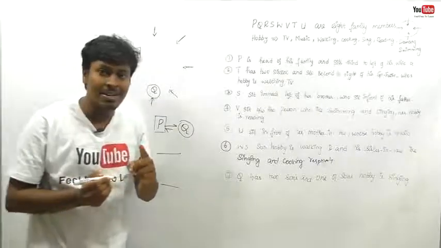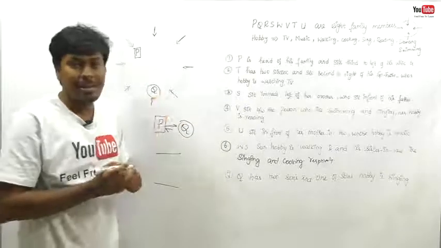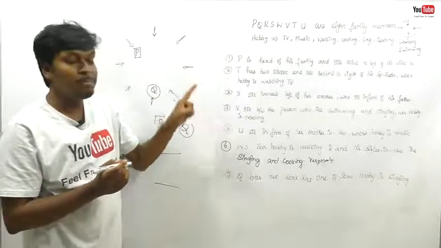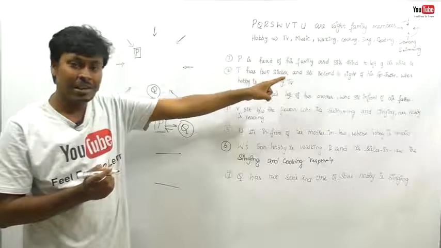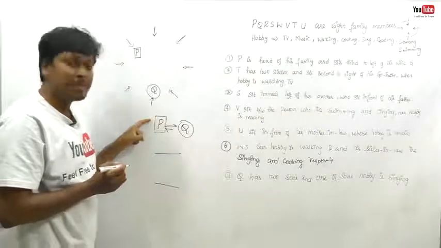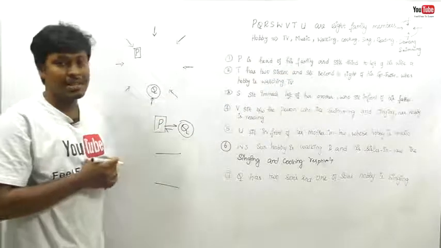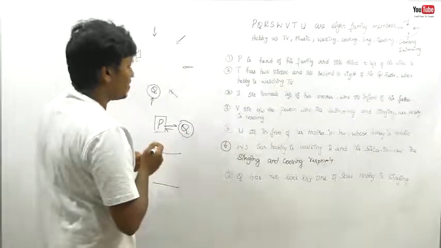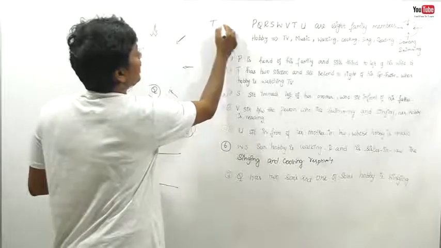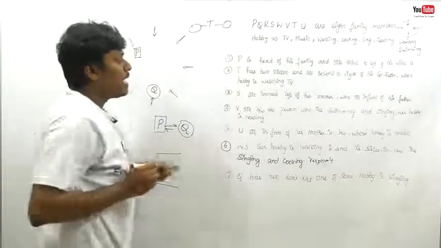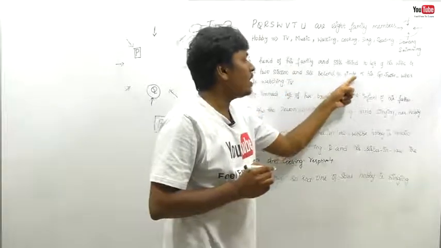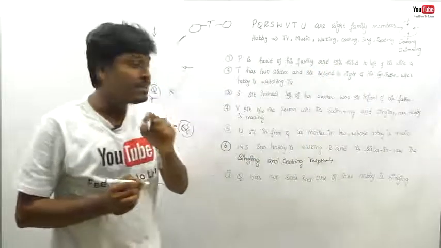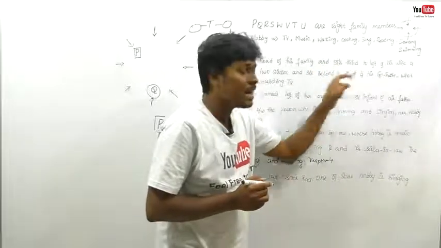Friends, got the idea? This is the most important line, and they have said that in these 8 persons there is a person called grandfather, so we can definitely say that P is grandfather and Q is grandmother, right? Okay, T has 2 sisters, right? And sits second to right of his grandfather. Listen carefully, friends, of his grandfather.